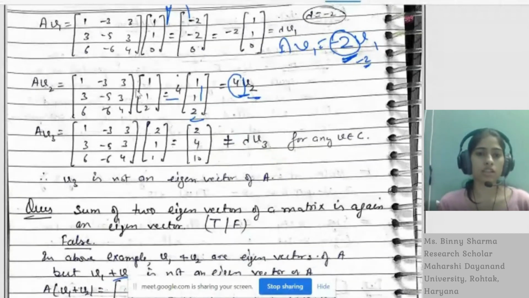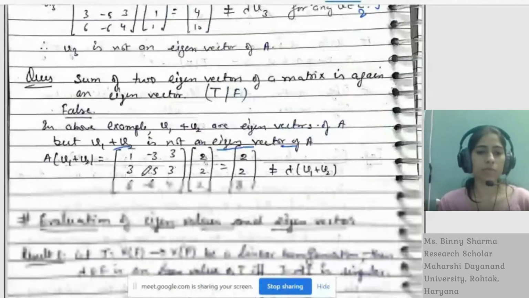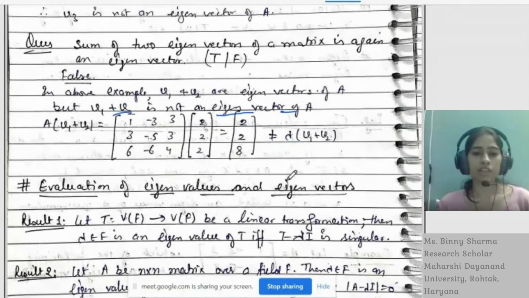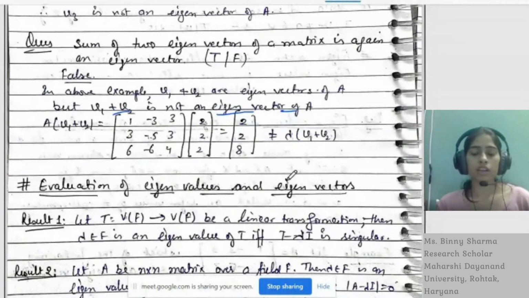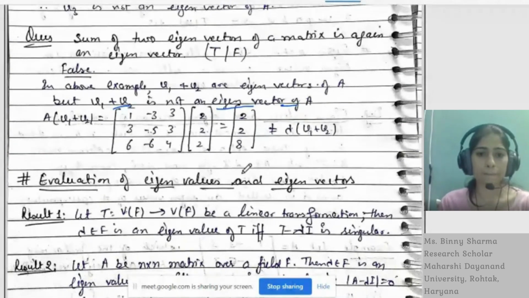V1 is 1, 1, 0, and V1 plus V2 equals 2, 2, 2. When we multiply A with V1 plus V2, we get 2, 2, 8, which is not equal to lambda times V1 plus V2. So the sum of two eigenvectors of a matrix is not necessarily an eigenvector.